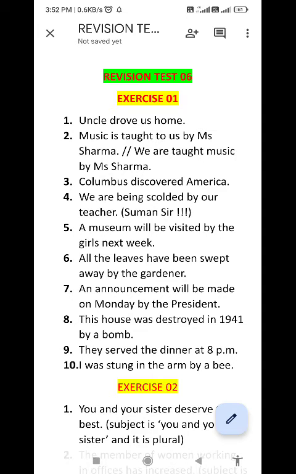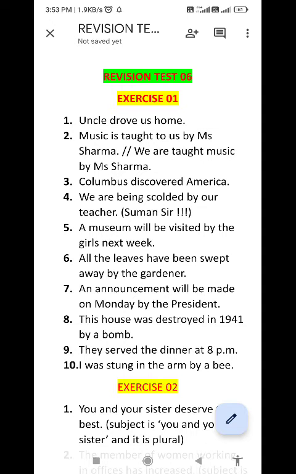I took the object, that is this house, and I made it subject, unchanged of course, because it is a noun, it will not change. So this house was destroyed. Why? Because it was written destroyed, so the main verb was in past and be verb will also be past. So this house was destroyed in 1941 by a bomb.